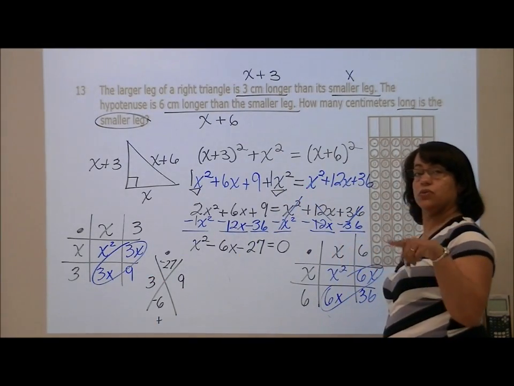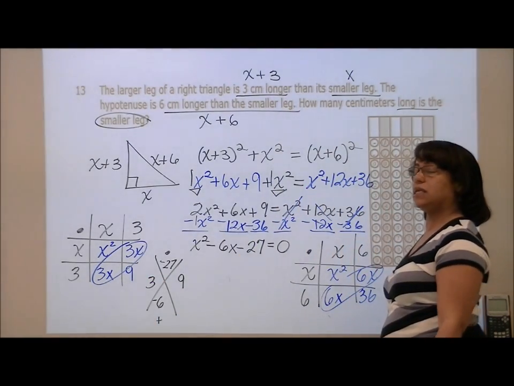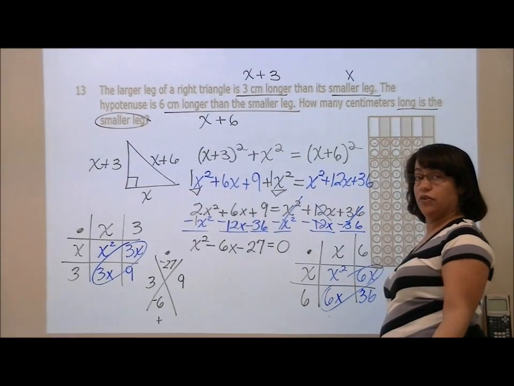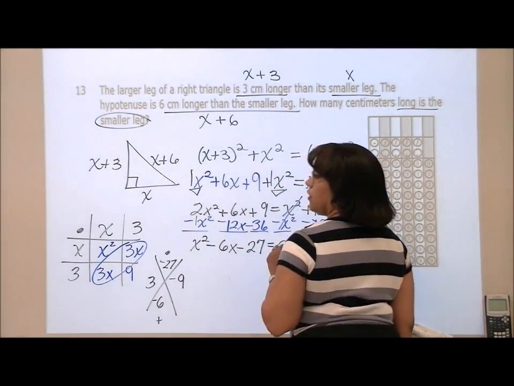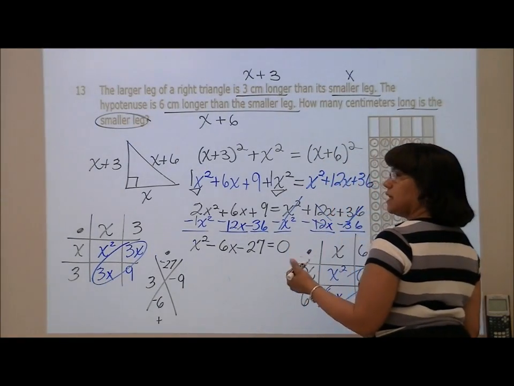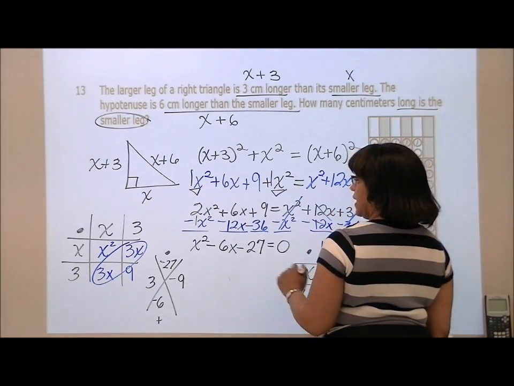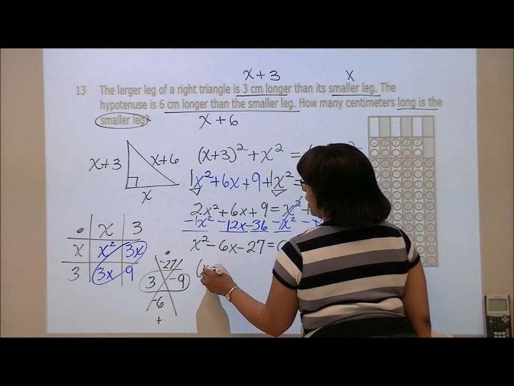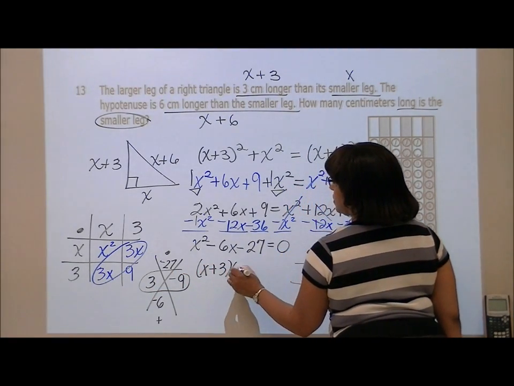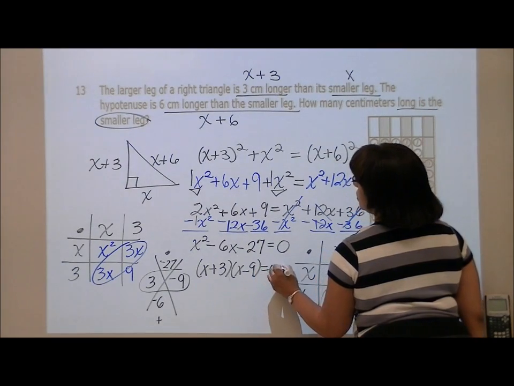Because 9 times 3 is 27, but 9 minus 3 is 6. What's negative, your 3 or your 9? Your 9, good. Because the highest number has to take the negative sign so that the sum will come out negative. So now we're going to factor, these are your factors. X plus 3 times x minus 9 is equal to 0.